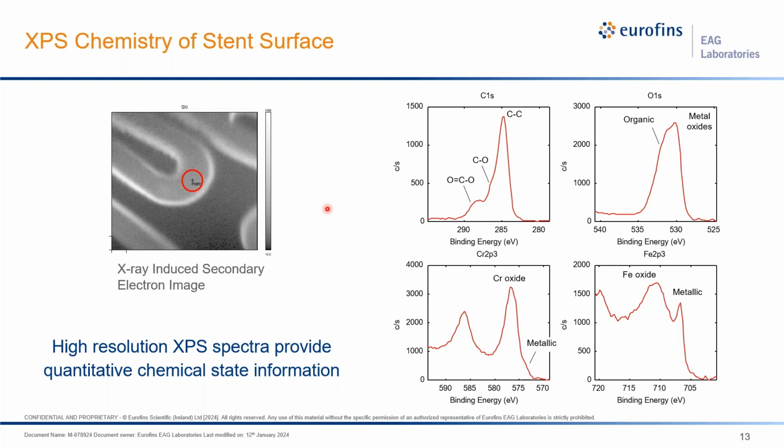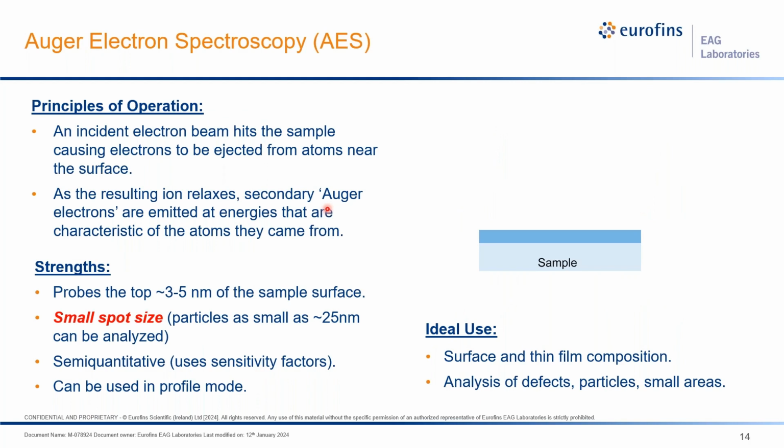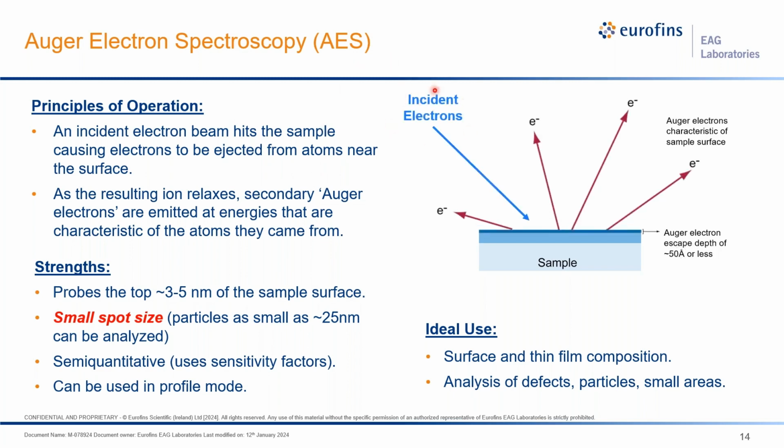When one needs an even smaller lateral area to be analyzed, if one perhaps has particles, defects, bond pads, Auger electron spectroscopy is wonderful. The principle of operation for Auger is very similar to XPS, except the sample is being hit with electrons instead of X-rays.